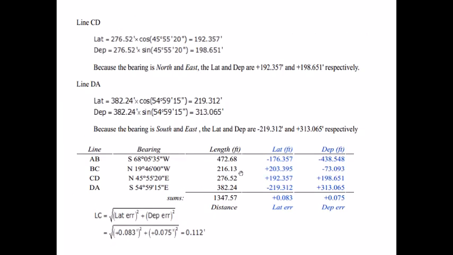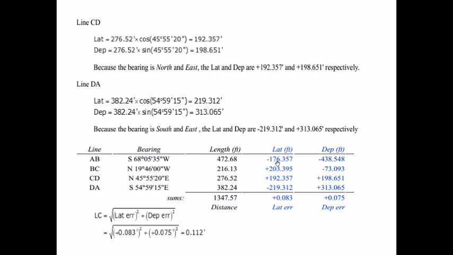When we add up the lengths, we get the total perimeter of the closed traverse. Then we have the columns for the latitudes and departures, and the units are the same as length, because the two are actually orthographic projections of the lengths given with the direction. So these are the latitudes and departures that we just calculated, along with their relevant signs.